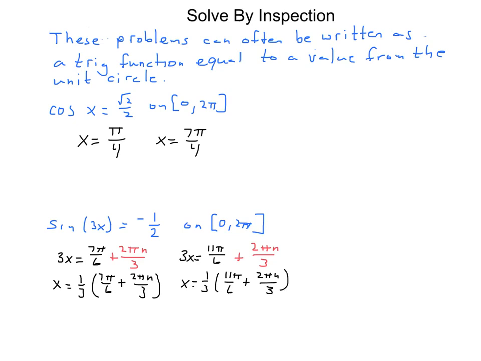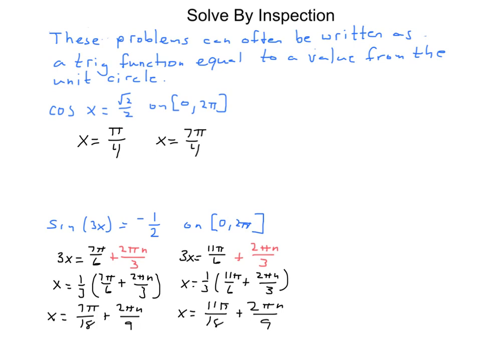Now distributing that in there, I get x equals 7 pi over 18 plus 2 pi n over 9, or x equals 11 pi over 18 plus 2 pi n over 9.